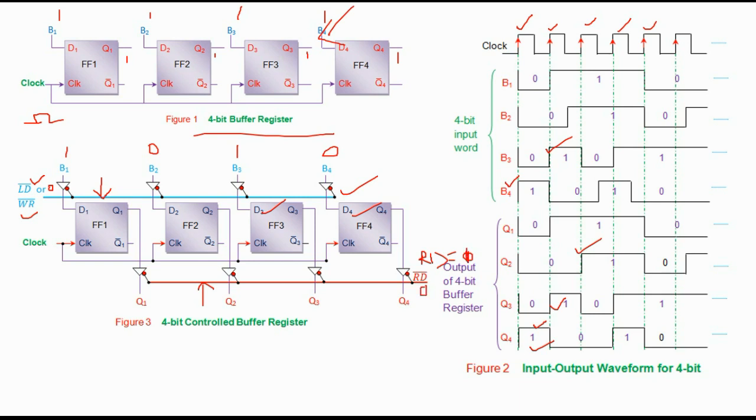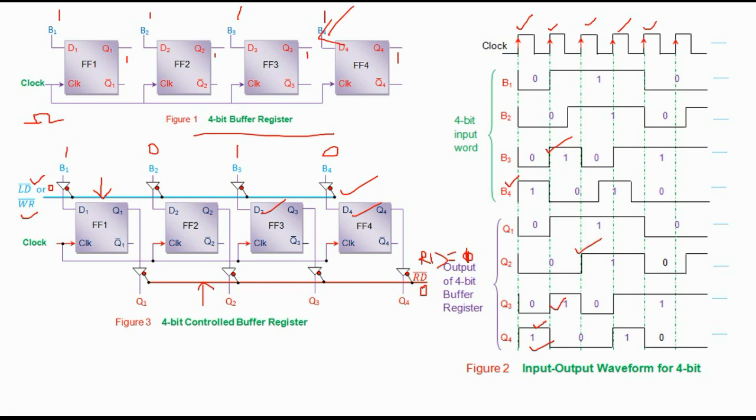In such a situation, Q1, Q2, Q3, Q4 get the data from the flip-flop. So what you have to keep in mind is, if you keep the LD or W bar line equal to 0, then whatever input data is given, B1, B2, B3, B4, is loaded into the flip-flop and reaches the output.